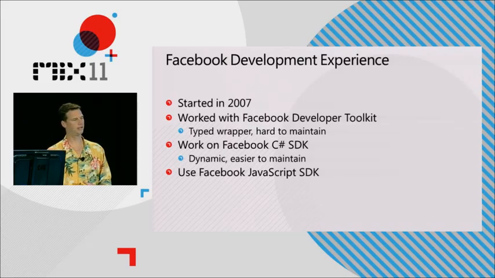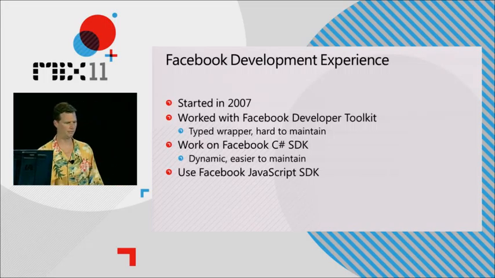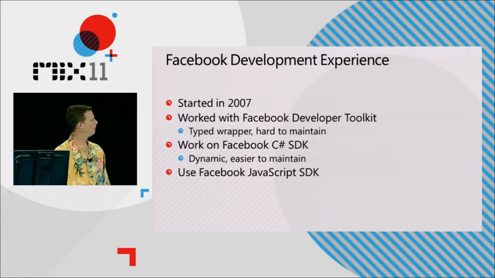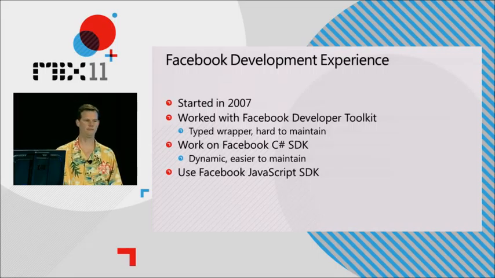So then came the Facebook C# SDK. After going through the pain of the toolkit and seeing that we were going to start writing a lot more apps, I started looking at how I could use dynamic with C# 4, which had come out. It seemed like it would be much easier to maintain, and when Facebook added new features, we're not having to add new typed objects every time Facebook does a rev.